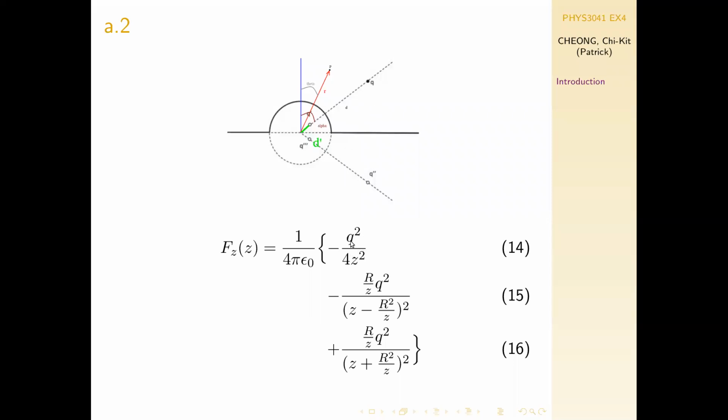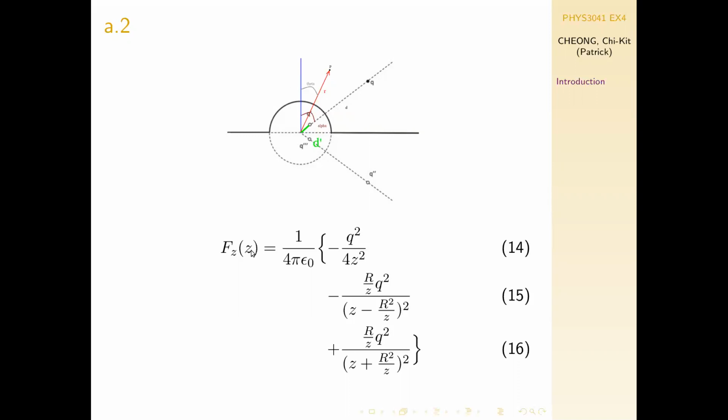For the first, we know that Q double prime and Q have a distance between them of 2z. Note that here, I skipped some of the steps. Let me explain the notation here. Fz represents the z direction of the force, because now the charge is located on the blue vertical line, so the only thing we need to care about is along the z direction. That means the upper direction.